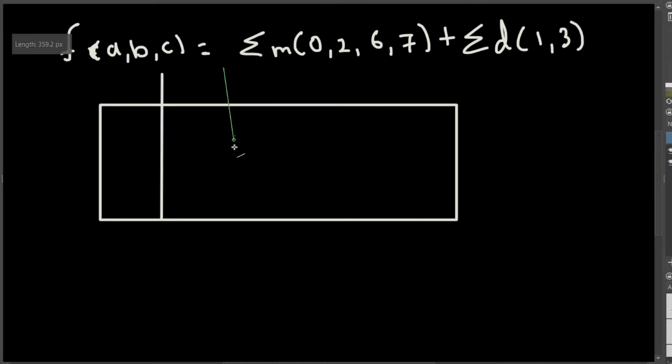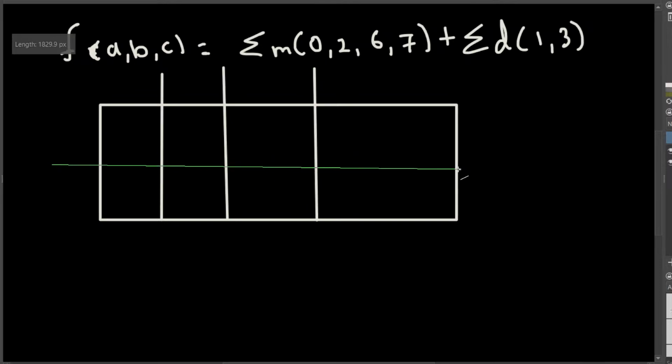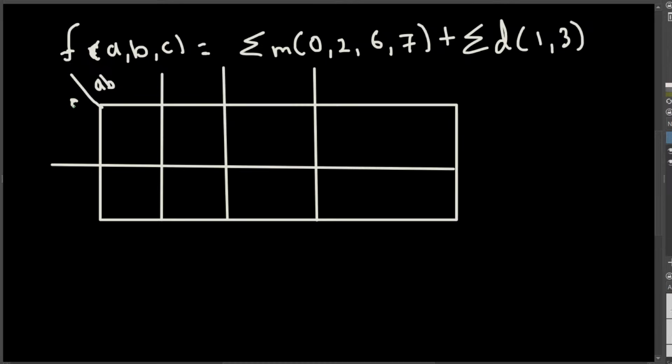So this is our 8 locations, and let's say we take AB on top and C on the bottom. This is 00, 01, 11, 10, and this is 0 and 1.